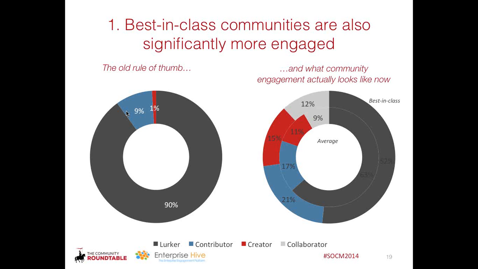In average communities, there's only 63% of their population that's lurkers. 17% contribute, 11% create content, and then we added this collaborator segment, which is people who are working together to create something new. They're not just posting a blog post or a document, but they're really developing something together.